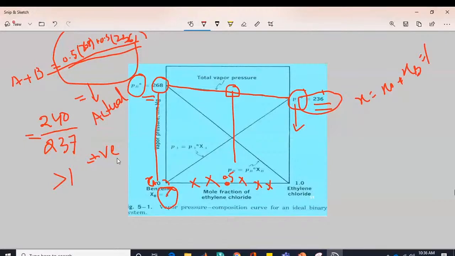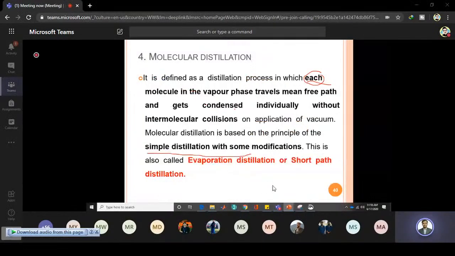Normally we call that molecule to molecule distance, but here we are talking about a single molecule distance. Actually, it's not about multiple molecules, because this is based on separate molecules. Each molecule, right? So here we are talking about each molecule. We are not talking of the intermolecular collisions.